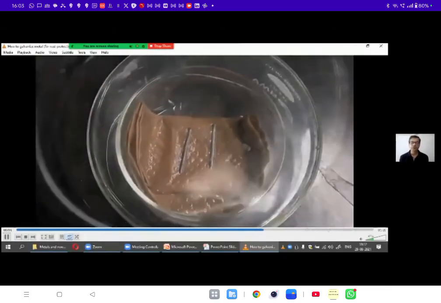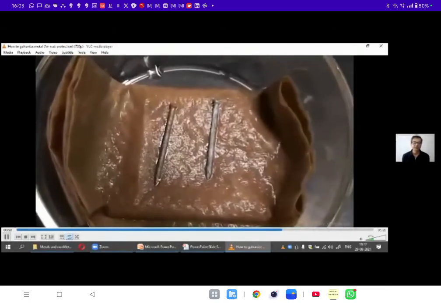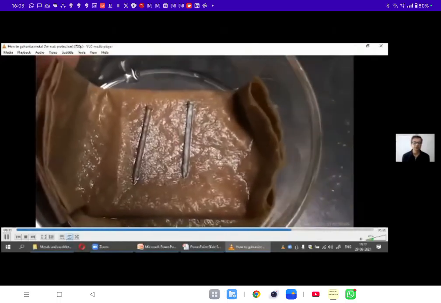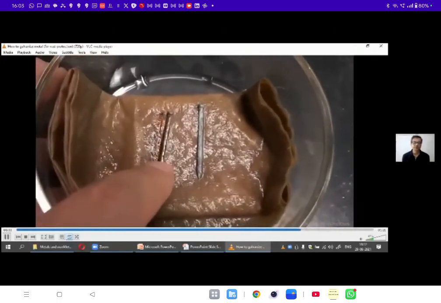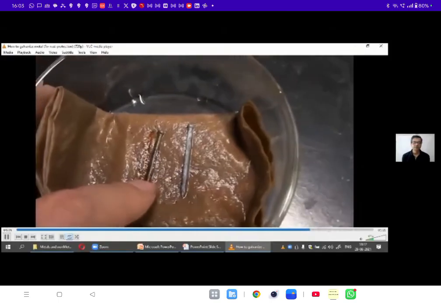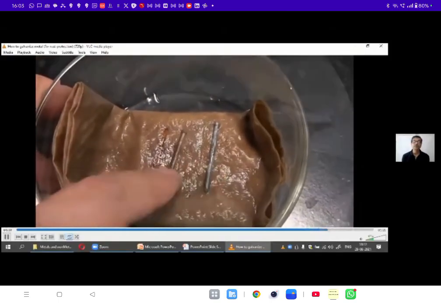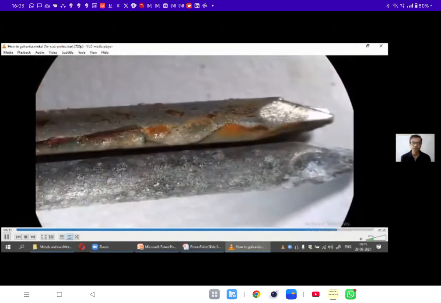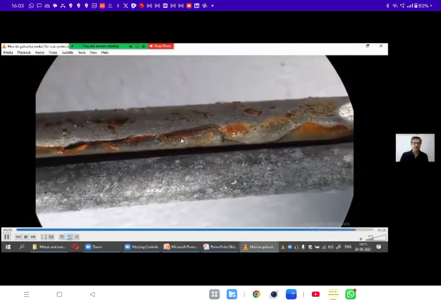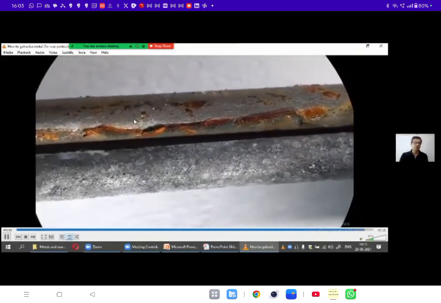After 3-4 days, you will find the iron nail is completely rusted. The left side one, see, is completely rusted. Rust has formed. But here there is no rusting because it was coated with zinc. Under a microscope it looks like this. The bottom one is the galvanized one with zinc coating. The top one is the normal iron one which has rusted.